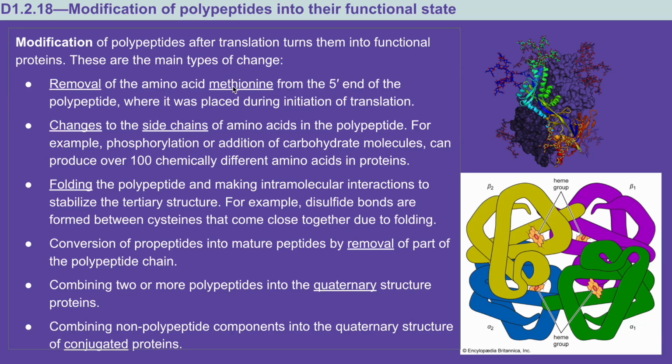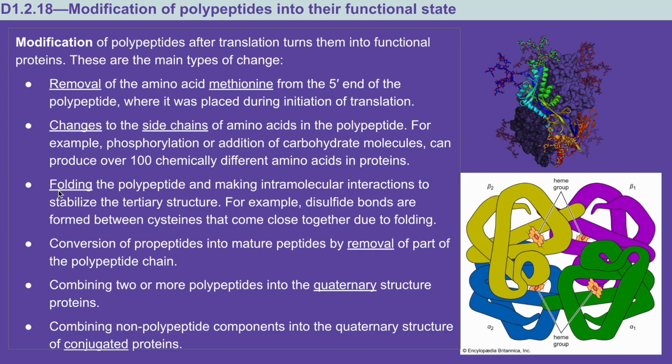Remember, we always start with this methionine, so it's going to be time now to remove it. We can make changes to the side chains of amino acids in the polypeptides, or those R groups. For example, phosphorylation can occur or addition of carbohydrate molecules. This allows us to produce over 100 chemically different amino acids in proteins.